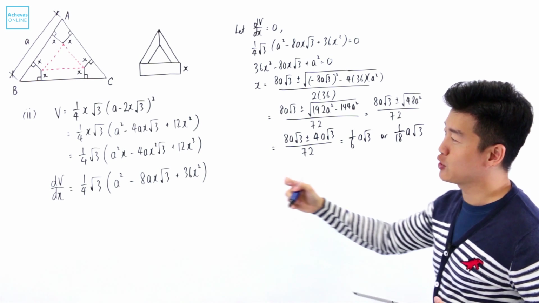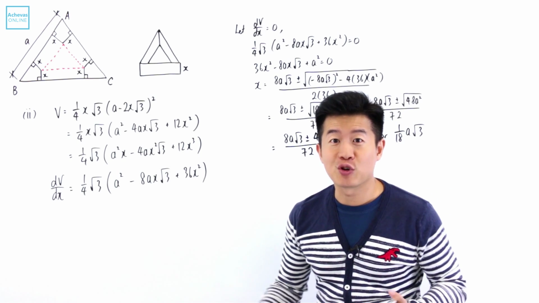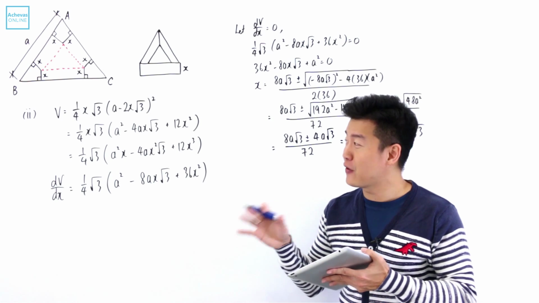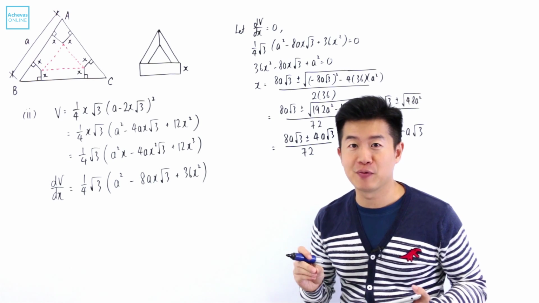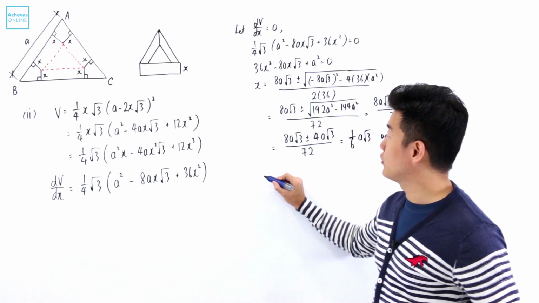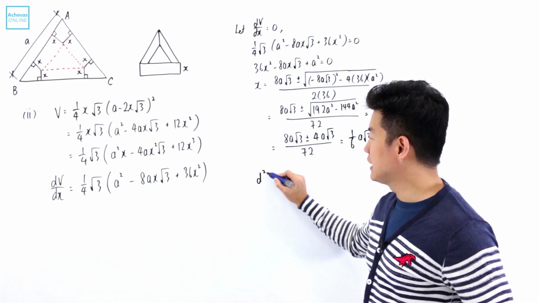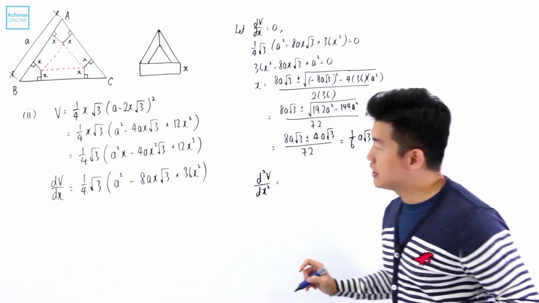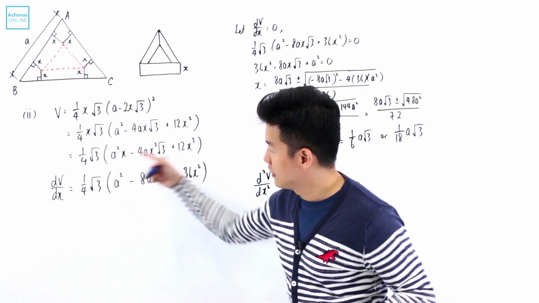One of them is going to cause v to be the maximum, so I need to test. In fact, the question also asks us to prove that the value of v that we have gotten is a maximum value. Let's use the second derivative to test. So I'm going to find d squared v over dx squared.